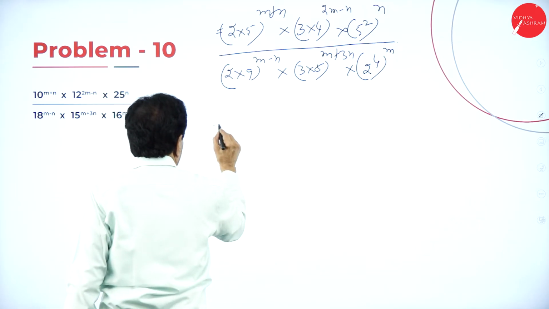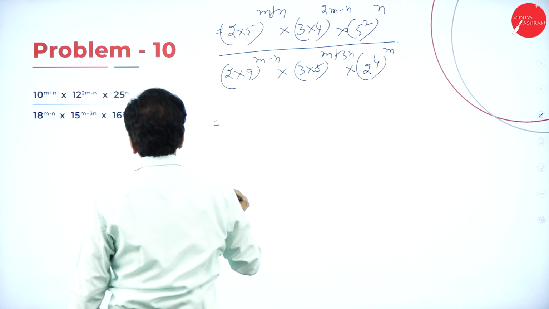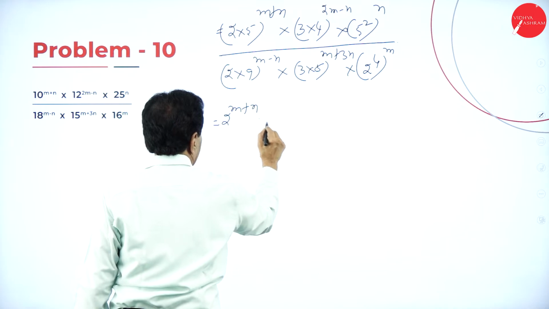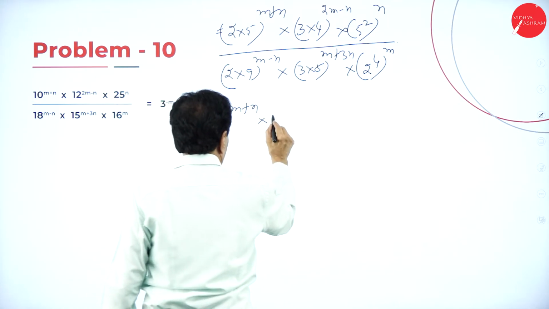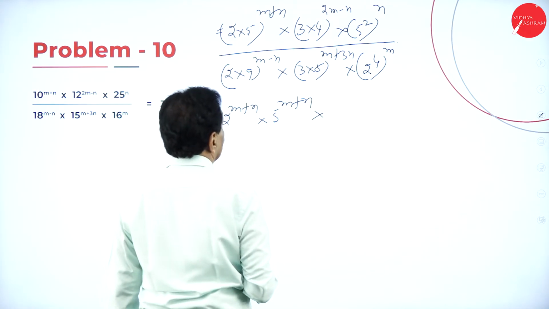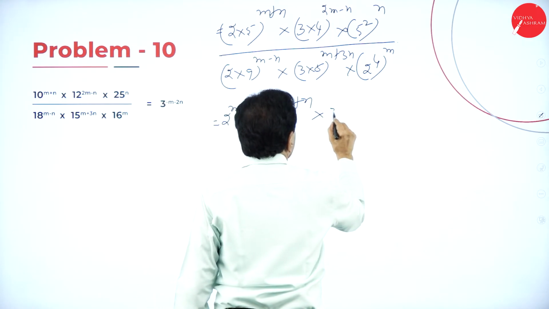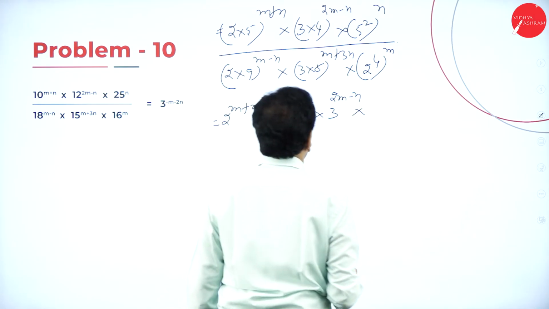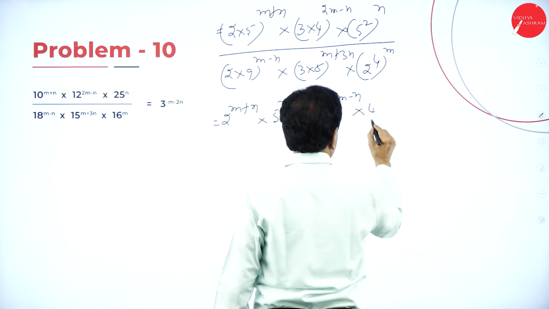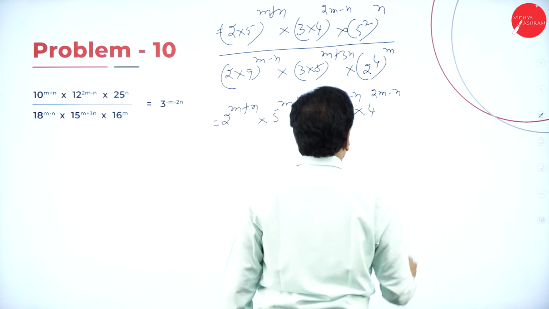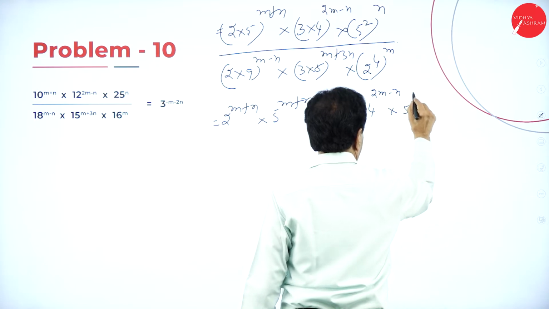Then this becomes 2 to the power of m plus n, 5 to the power of m plus n, 3 to the power of 2m minus n, 4 to the power of 2m minus n, 5 to the power of 2n.